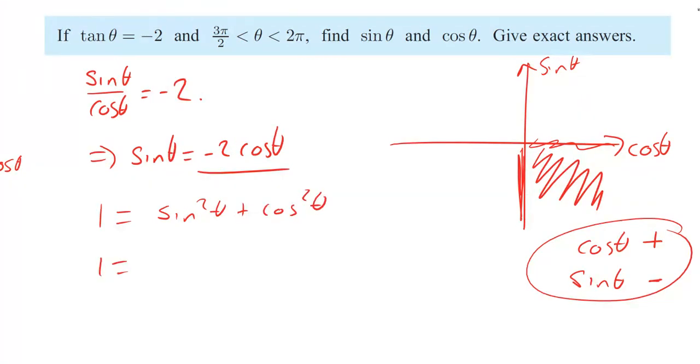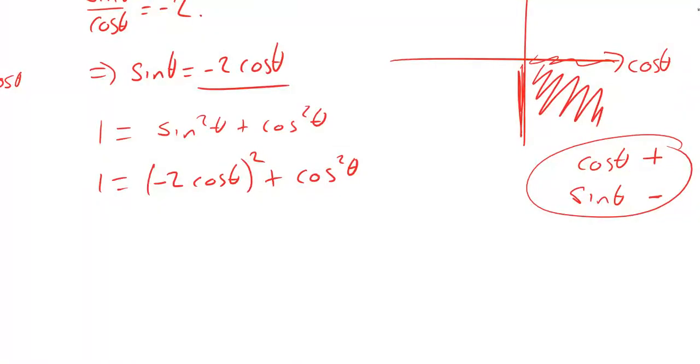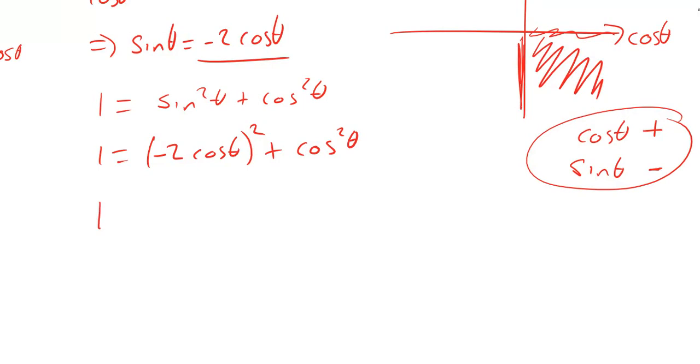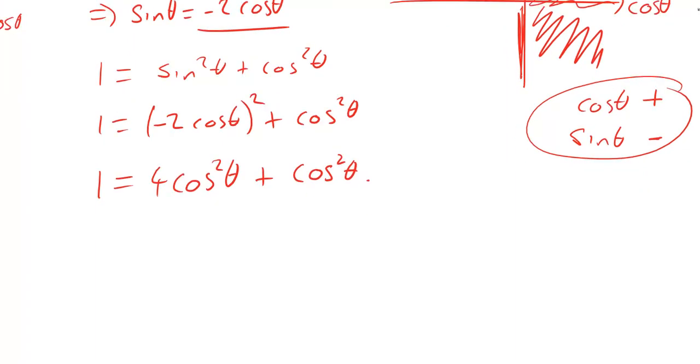Now we can say that 1 is equal to -2 cosine theta being squared instead of the sine squared plus the original cosine squared theta. From here, we can say that 1 is equal to positive 4 cosine squared theta plus another cosine squared theta.